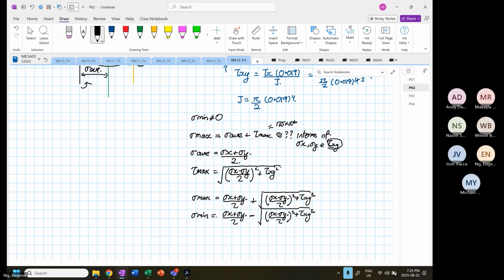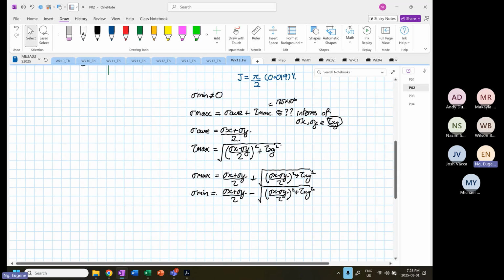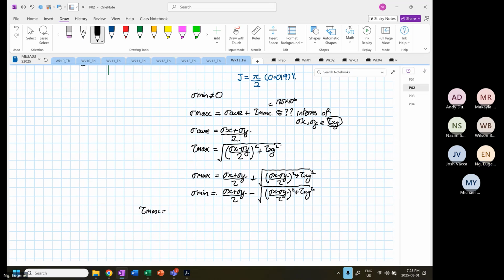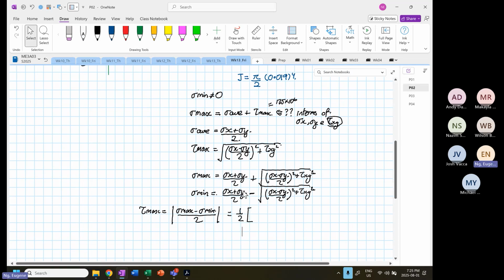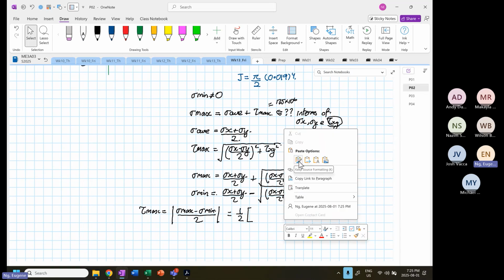Okay. And then based on the criteria we know, tau max is equal to stress max minus stress mean, and the whole thing divided by 2. So when that's the case, when you put this in, I'm going to put a half outside. I'm going to copy this whole term and paste.